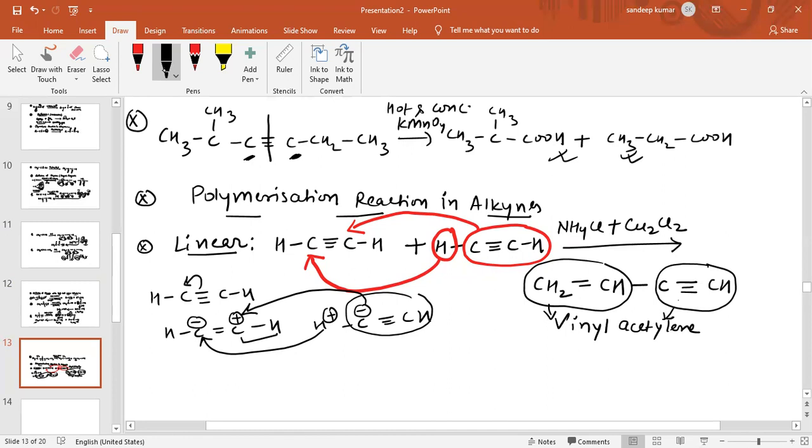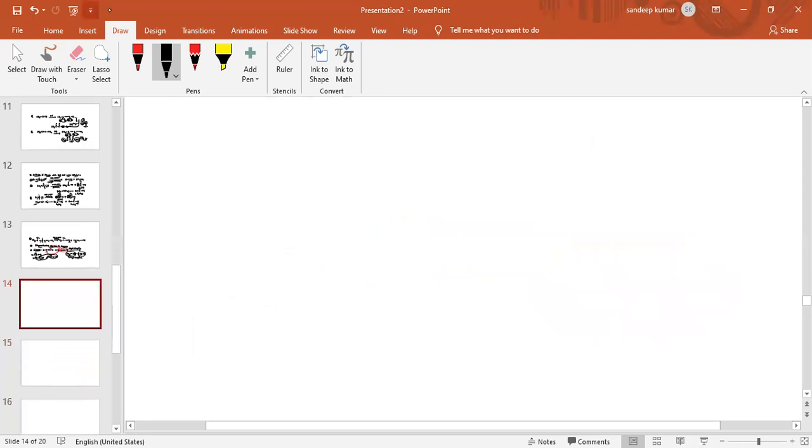When there is a cyclic polymerization, then what happens? Next we are going to discuss cyclic polymerization in alkynes. See what happens in the case of cyclic polymerization in alkynes.